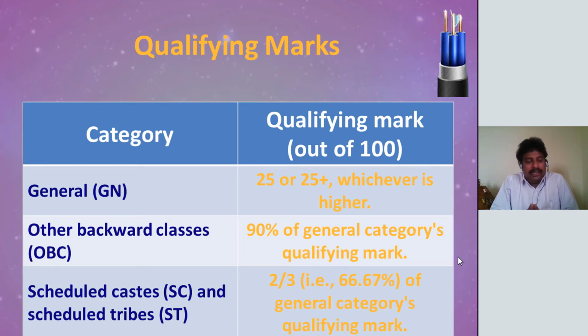And as far as the scheduled caste and scheduled tribe category is concerned, it would be 2 by 3 of the qualifying mark of the general category. These qualifying marks are decided by the organizing institute from time to time.